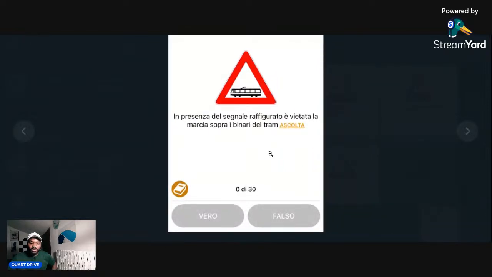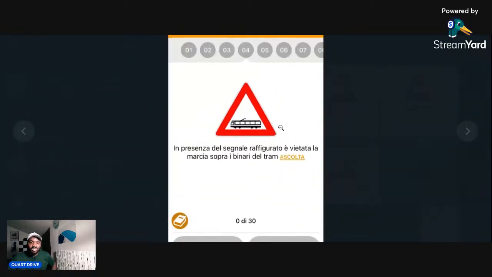Here with the fourth question, it says: in presenza del segnale raffigurato è vietata la marcia sopra i binari del tram. This one is talking about a tram moving on a particular road.